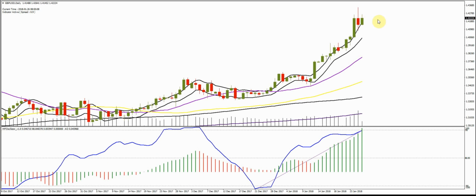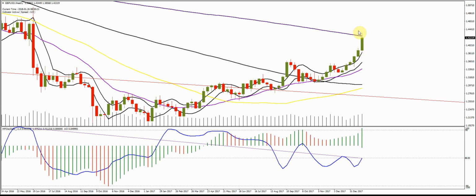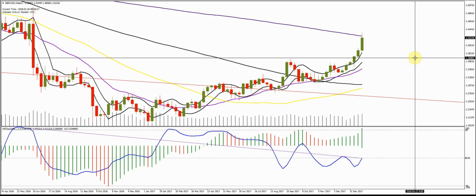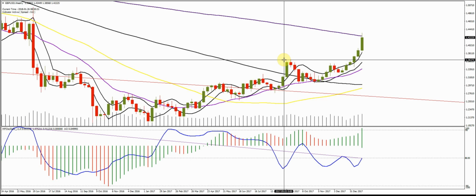If that is the case and this starts to roll over, then it will be the short side that we'll be looking to take over the course of the next few weeks, mainly, and that would be predominantly the short side. We'd be looking for moves down on the pound. I'd be looking to move back down to this sort of level here, where we've got previous support and resistance levels.